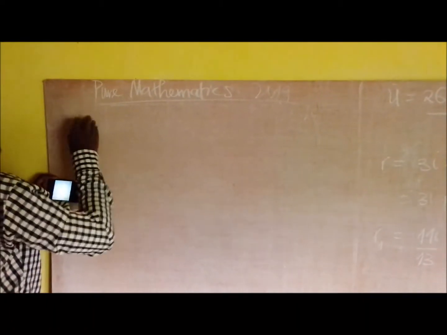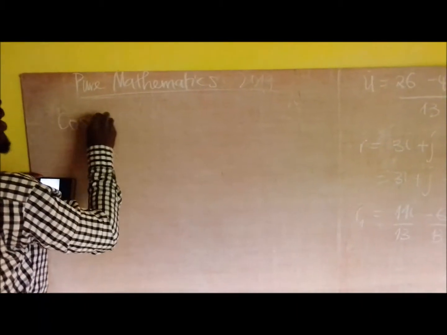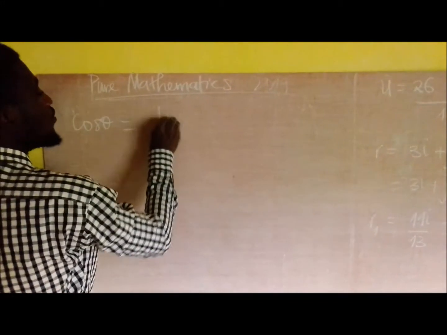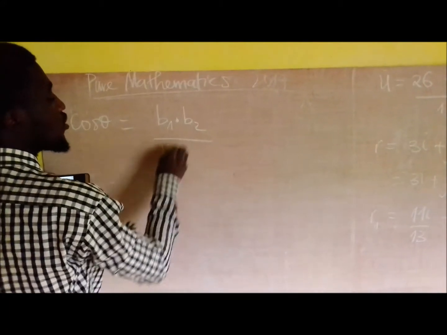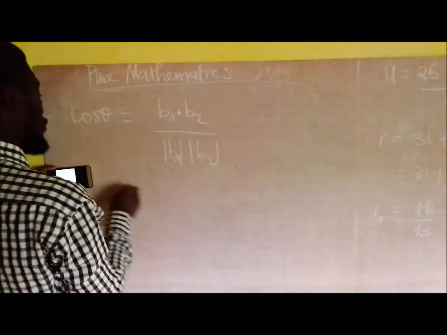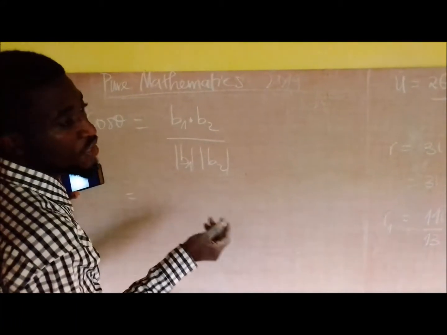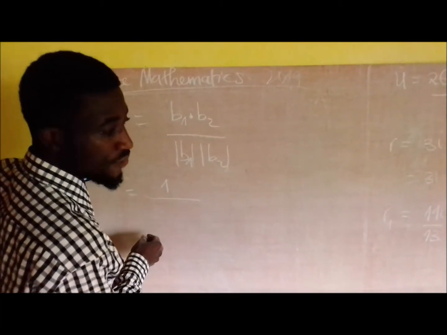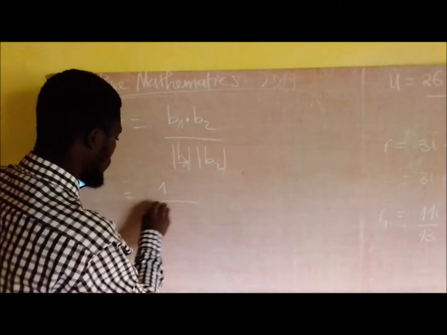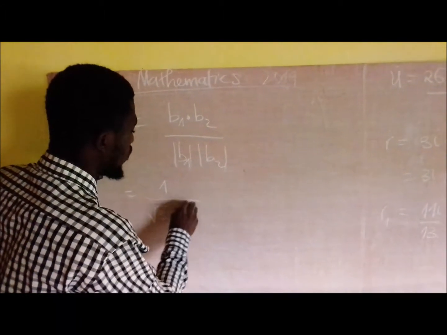We are being told to find instead the cosine. So cos theta from there is equal to B1 dot B2 all over the magnitude of B1 times the magnitude of B2. So that's giving us 1, and then we have the magnitude of B1 was root 34, and the magnitude of B2 was root 5.